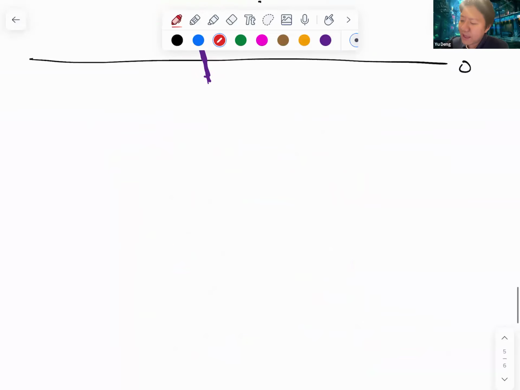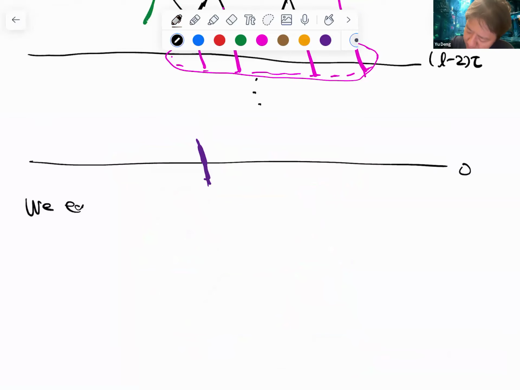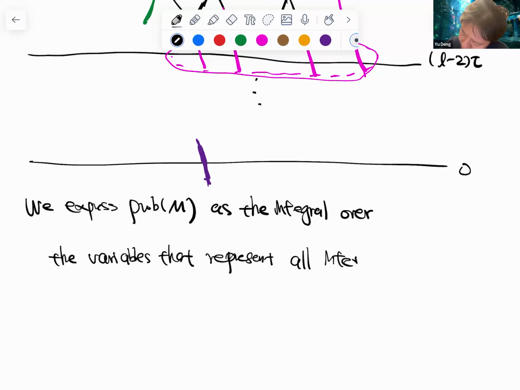So we express, let's say, the probability, let's call it the probability of M, as an integral over all the variables that represent intermediate states of all particles.